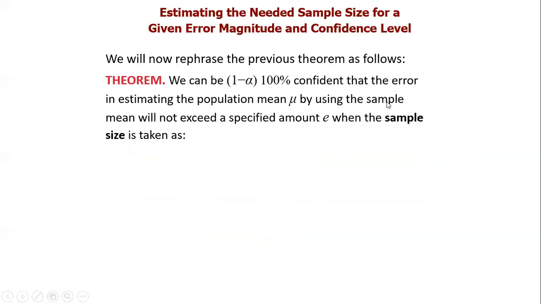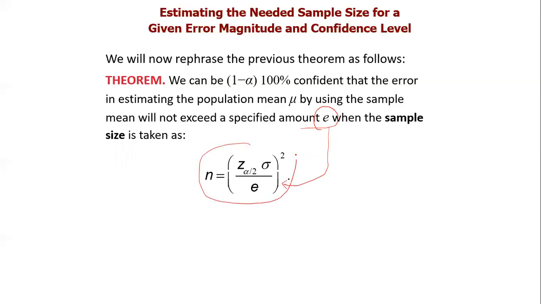Hence, if you do some algebra, given a specified amount of error, for example, if somebody says I don't want the error to be larger than 0.1, then you can use this formula to calculate the needed number of observations to make the error as small as E.